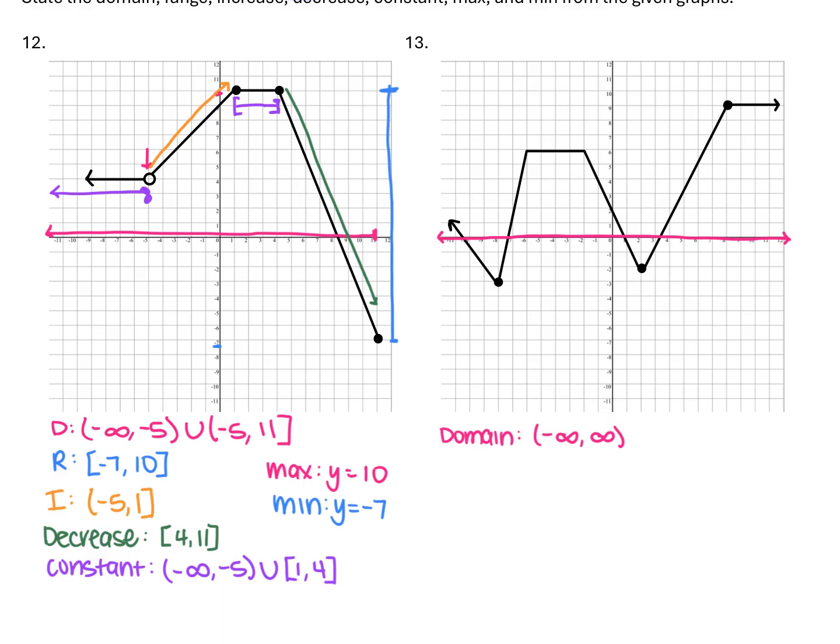Your y values for your range, the lowest y value that you have is that -3 all the way up to positive infinity because your arrow on the left goes up to positive infinity. So we're going to go bracket -3, comma, infinity, close parentheses for your range.